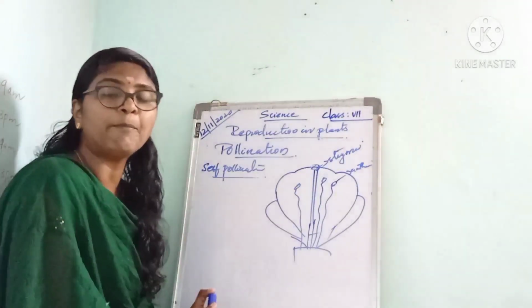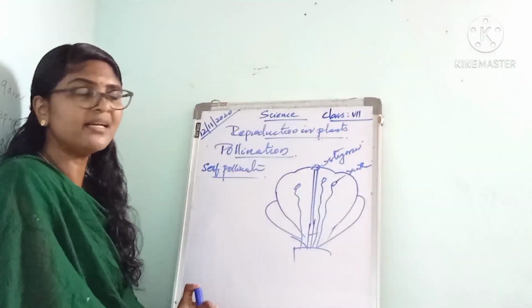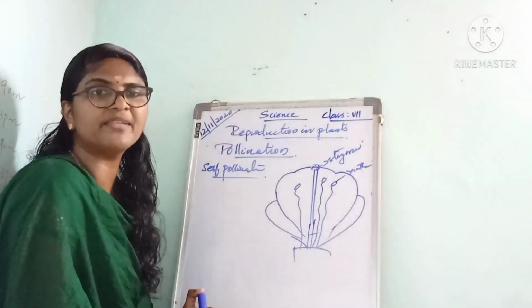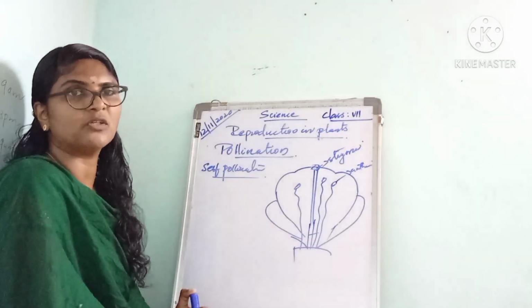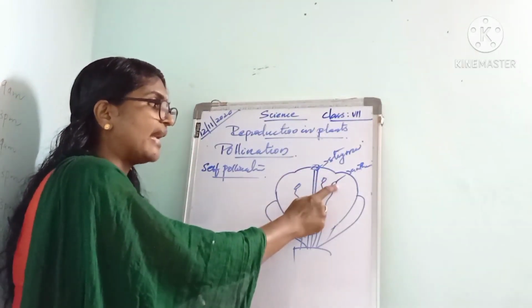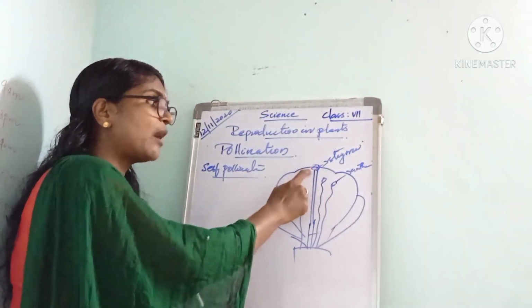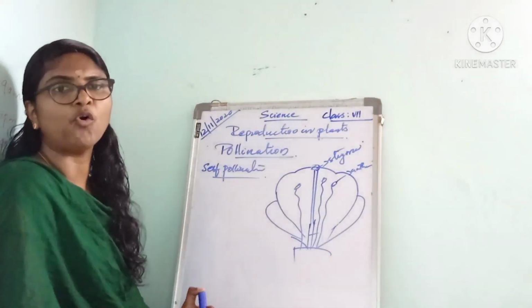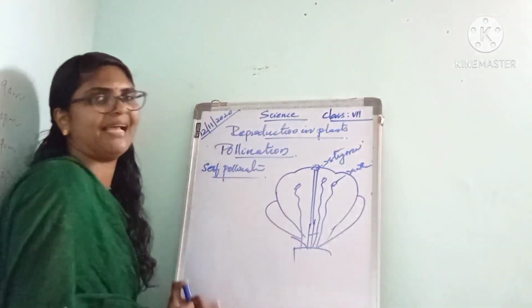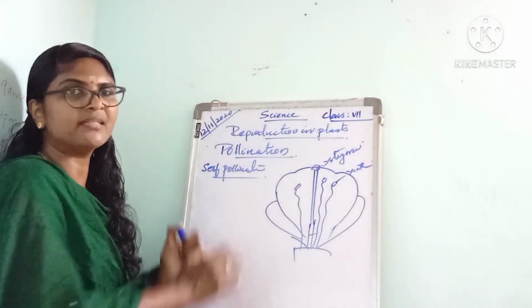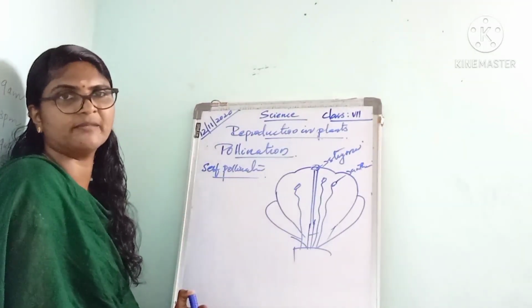In self-pollination, the pollen grains from the anther reach the stigma of the same flower or another flower of the same plant. The same plant contains a lot of flowers.